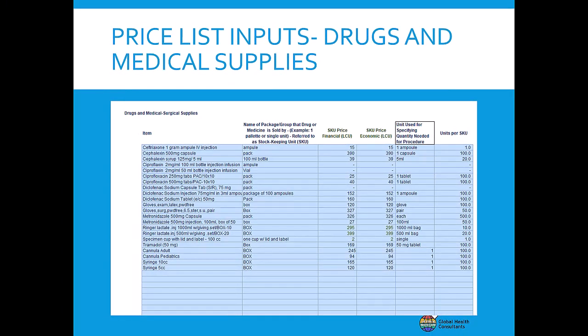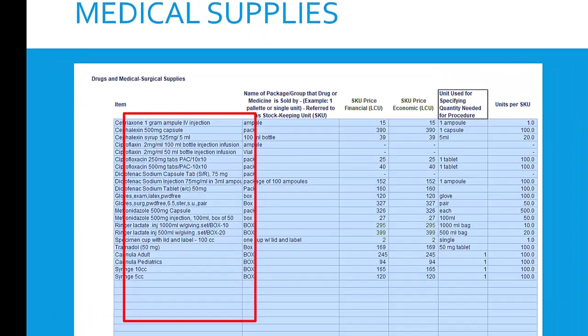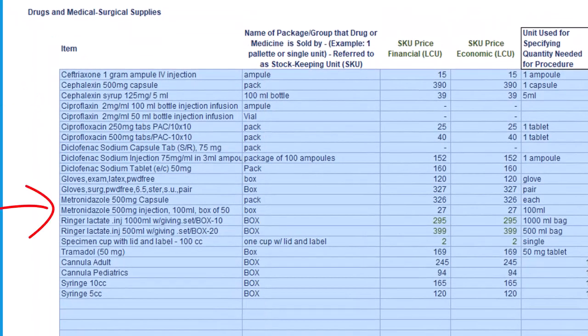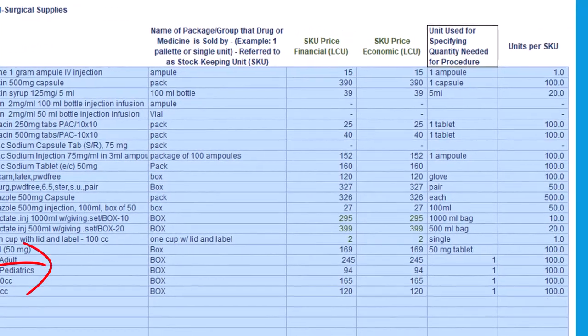Next, you'll want to put in all of the drugs and medical supplies that may be used for diagnosing and treating INTS. So you see here, for example, Cipro, metronidazole, exam gloves, cannulas and syringes, and ringer lactate. Now, those are all put in because they are possible medical supplies and drugs which would be used for the treatment and diagnosis of INTS.